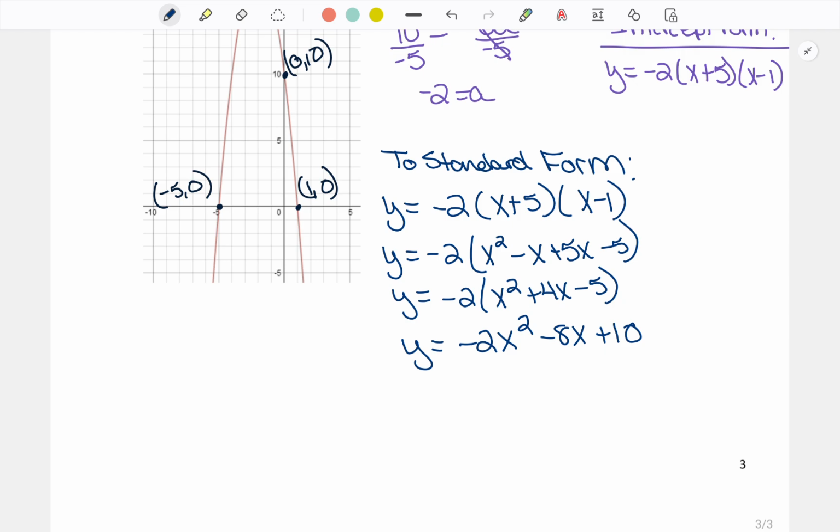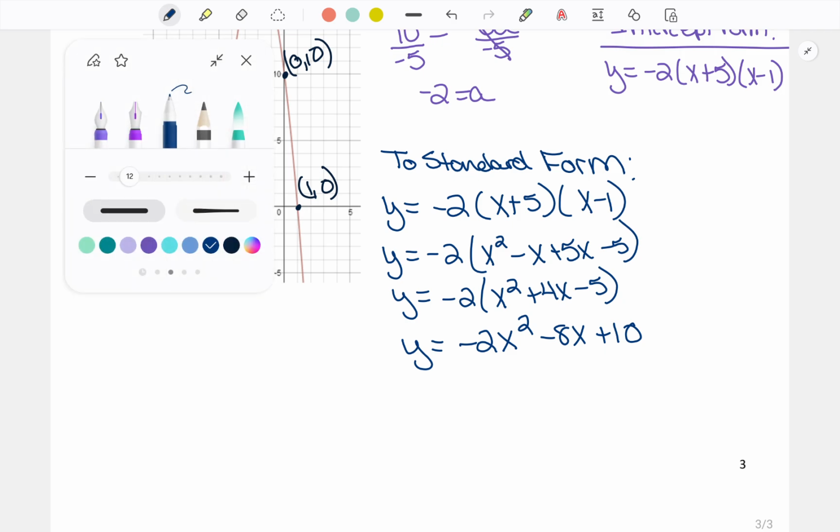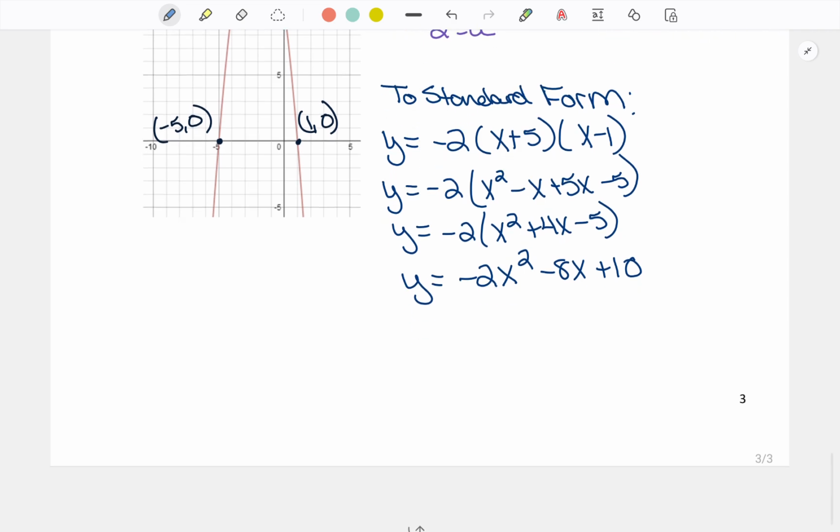Okay, so now what I am going to do is put this in vertex form.